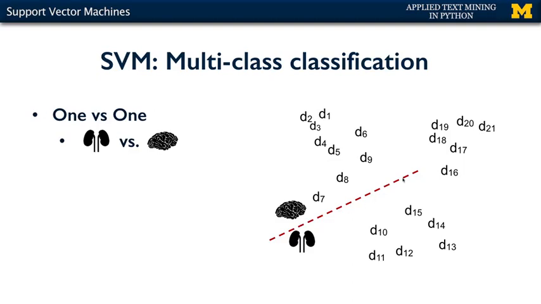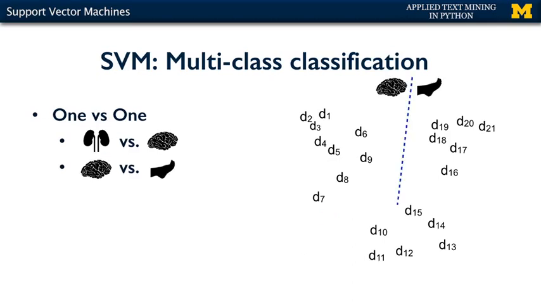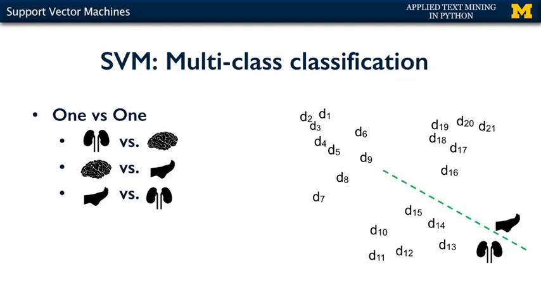So the red line just separates these 2 classes. And then you learn another classifier. This is between neurology and podiatry. That works on a smaller set again. It's between D1 to D9 as the neurology documents and D16 to D21 as the podiatry documents. And again, the third one, which is between nephrology and podiatry.